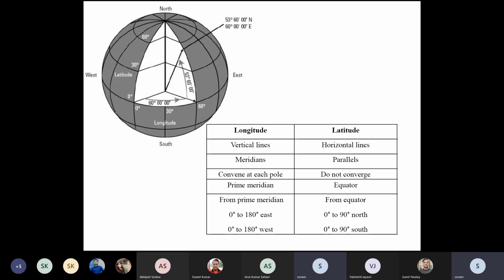Earlier for longitude I was saying it was the horizontal angle. Here I am saying it is the vertical angle measured between the plane of the equator and the line drawn radially outward towards that point. This is what latitude is. Here the reference surface is the equatorial surface. Okay, so these are the two definitions of latitude and longitude.